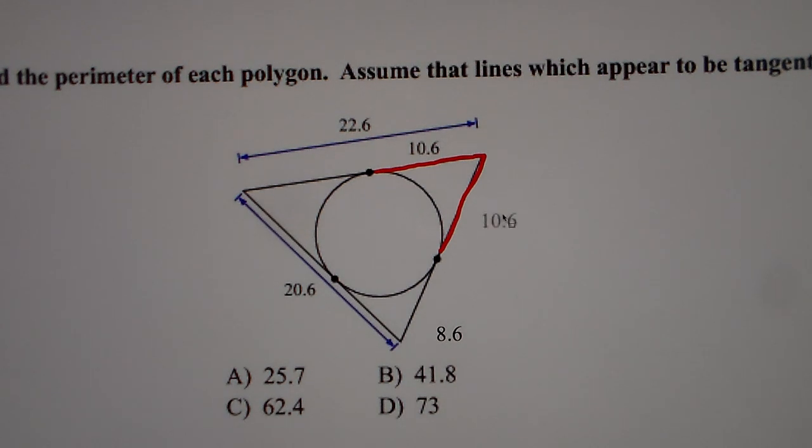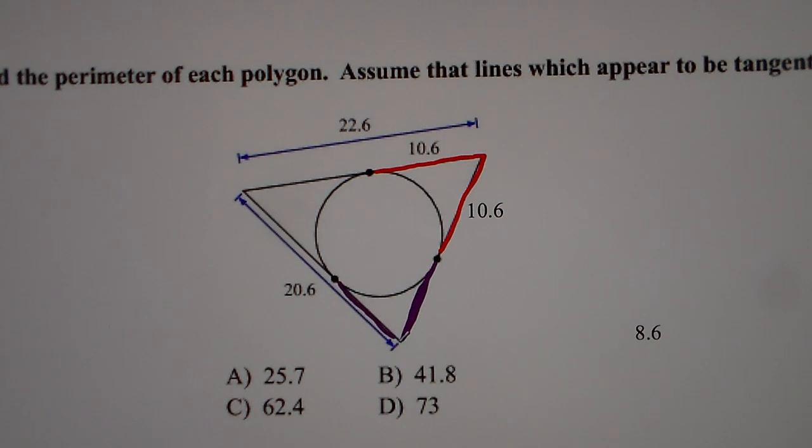So I'll slide that in there. Now, we got to figure out, I'll slide that over. I don't want to use blue. Let's use purple. We got to figure out this purple side.